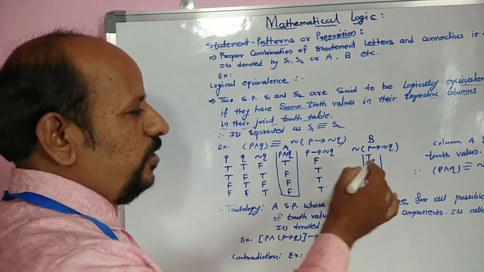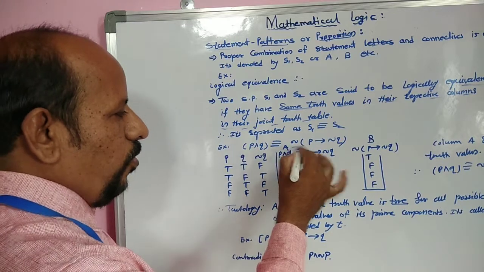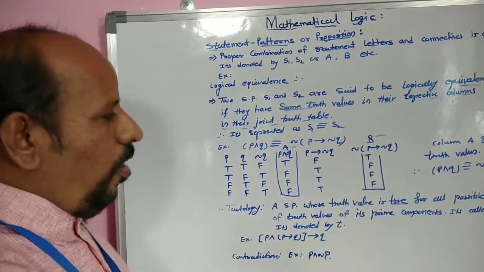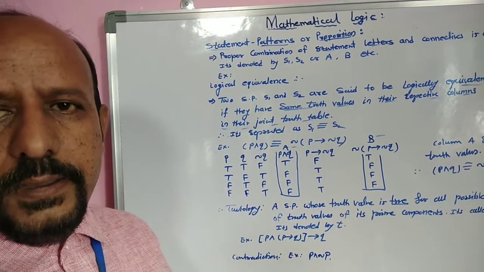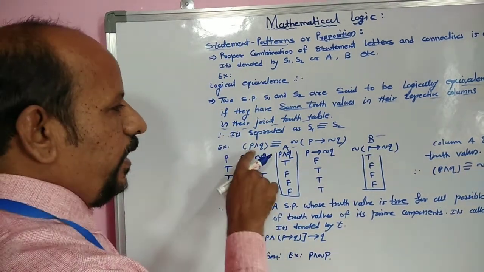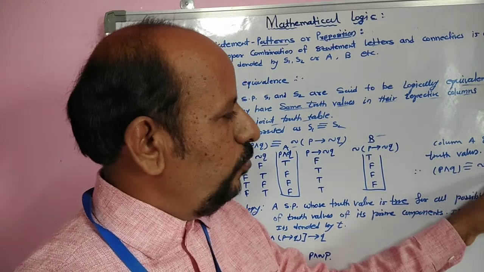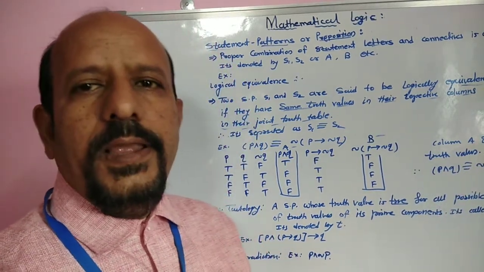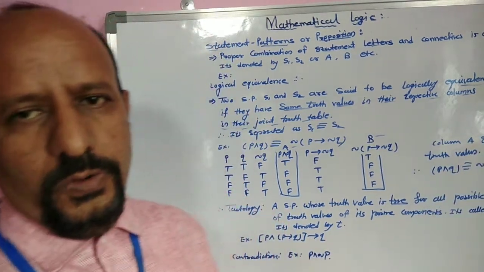Its negation is T, F, F, F. We see the columns A and B. All the values T, F, F, F are identical, and therefore we say that P and Q is logically equivalent to negation of (P implies negation Q).